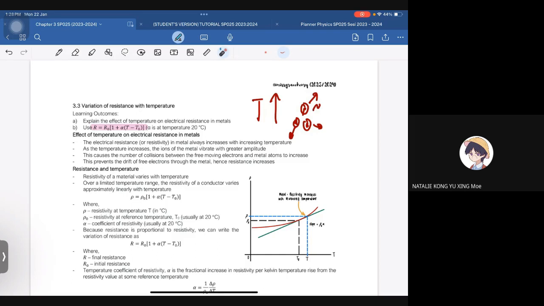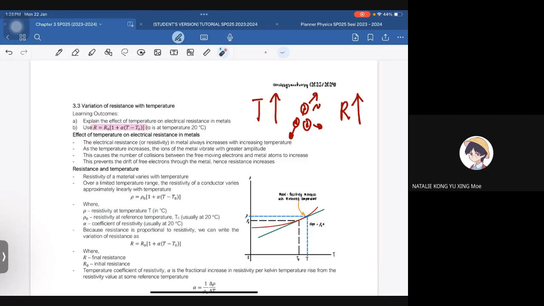So this increase of movements between the electrons ni prevents the electrons to move freely. Kan, sempit kan, so macam tak mau bergerak kan. So because of this, that's why resistance increase. So apa kaitan temperature dengan resistance? Temperature increase, resistance akan increase. Okay, so macam itulah, itu yang dia mau cakap.